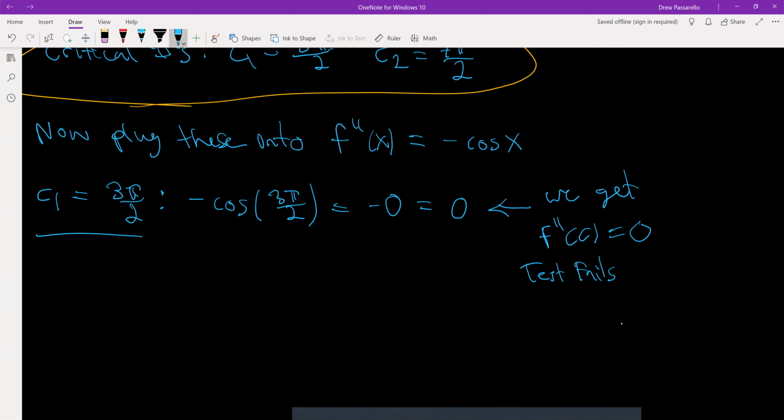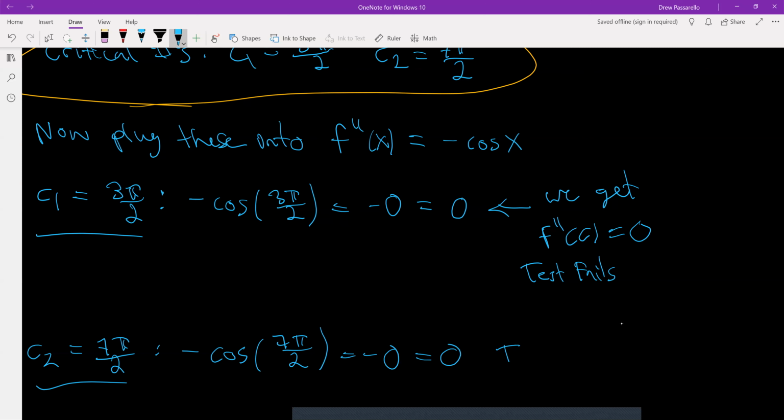And then the same thing for 7 pi over 2. It's going to also fail, right? Because you get 0 again. Test fails for both critical numbers.